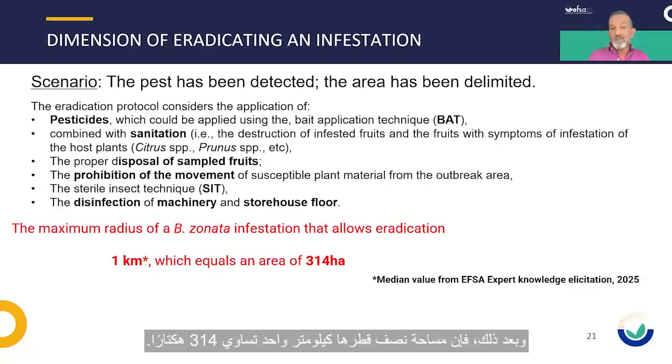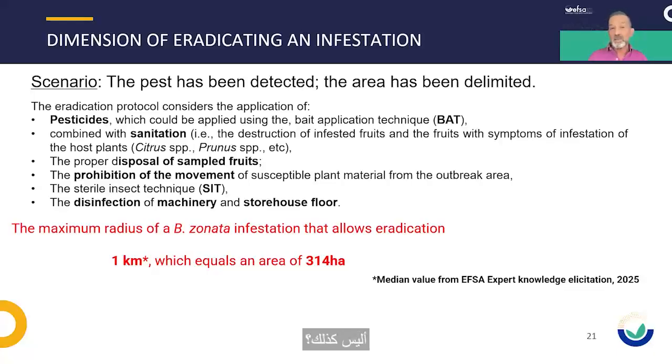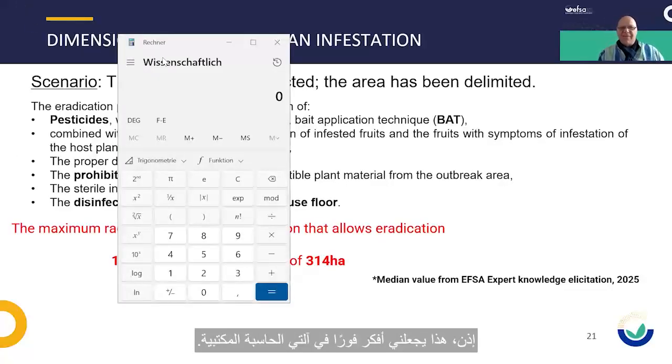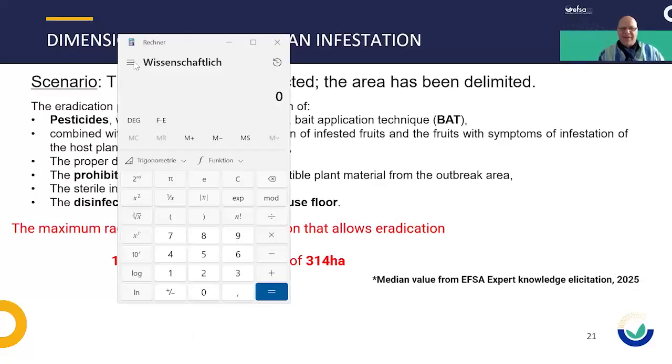And then a 1 kilometer radius equals 314 hectares, right? Because we have a circle. Okay. That makes me immediately think about my desk calculator.